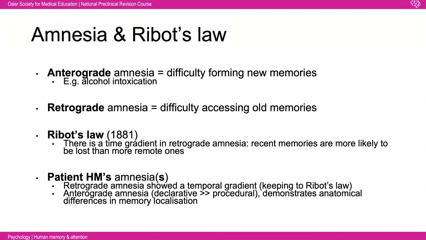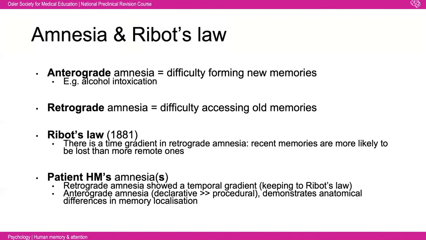Going back to our friend patient HM, we can look at the different types of his amnesia. It's quite illustrative of both Ribot's law and the anatomical differences in memory localization. His retrograde amnesia had a clear temporal gradient, which reflects Ribot's law.